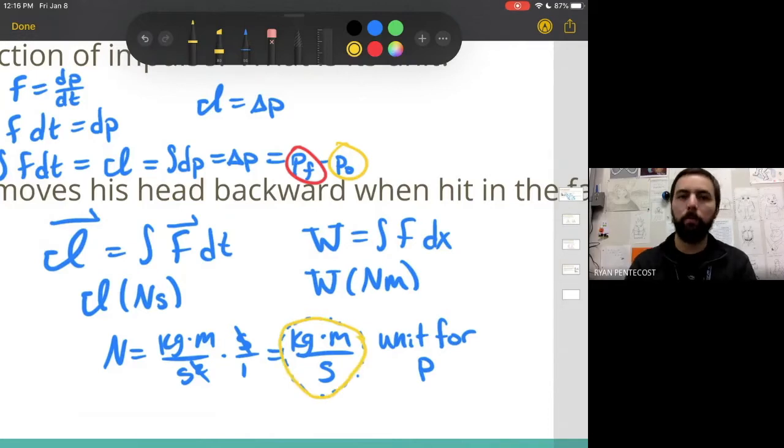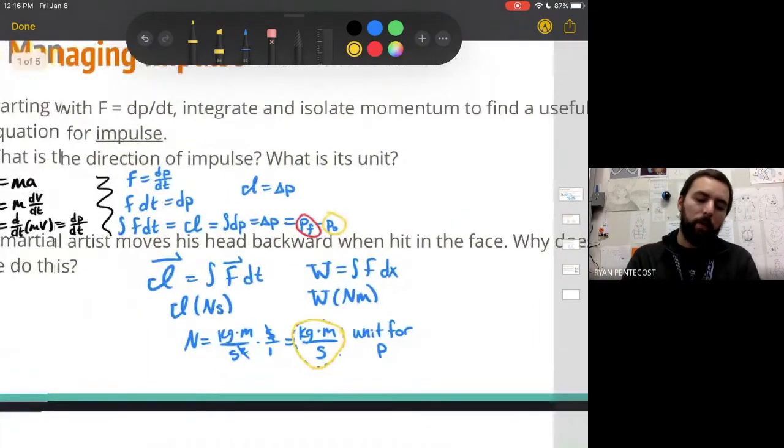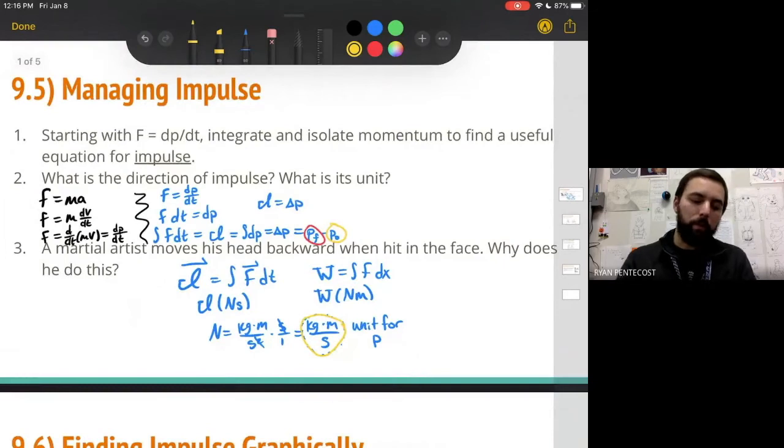They have the same unit because they're really describing very similar stuff. Impulse is saying how much momentum was either given or taken away from an object or from a system. So that's the direction of impulse and its unit.